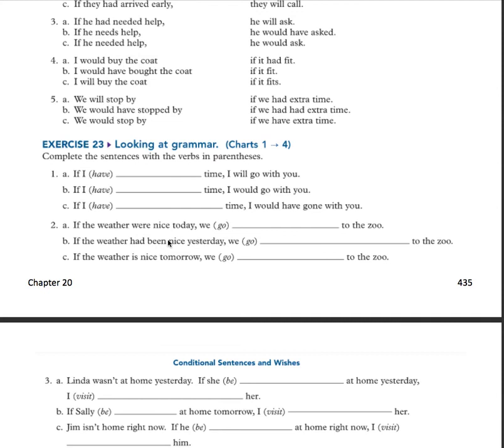Had been. Okay? If the weather had been nice yesterday, we would have gone to the zoo. And if the weather is nice tomorrow, so say is, simple present. Since we're talking about tomorrow, we will go to the zoo.